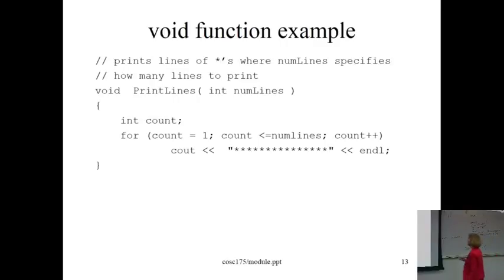Okay? Now this argument is local to the function, meaning what? What do I mean when I say the argument is local to the function? It can only be seen there. So num lines can be seen from the beginning of print lines to the end of print lines. Local, visible. That's where it's visible, within that function.